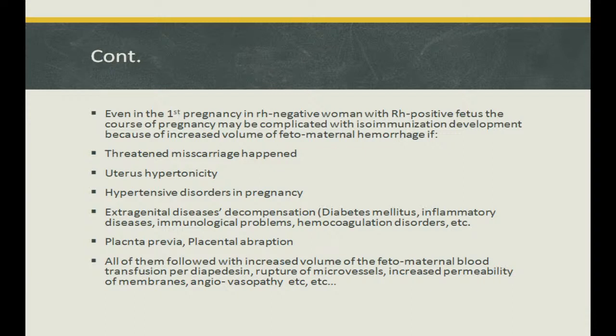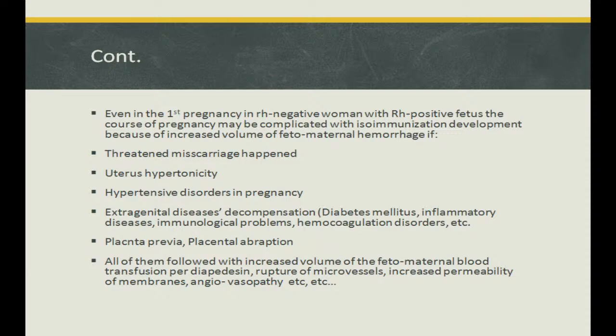Hypertensive disorders in pregnancy. Hypertension is characterized by increased tonicity of blood vessels in the area of microcirculation of the fetal-placental complex. Hypertensive disorders, most frequently preeclampsia-eclampsia syndrome, but it may be preeclampsia superimposed on chronic hypertension. Thus, this patient will have hypovolemia, increased tonicity of vessels, irritation of the endothelial system, increased permeability of the vessel wall, and it is followed by an increase in the amount of fetal-maternal hemorrhage during the pregnancy.